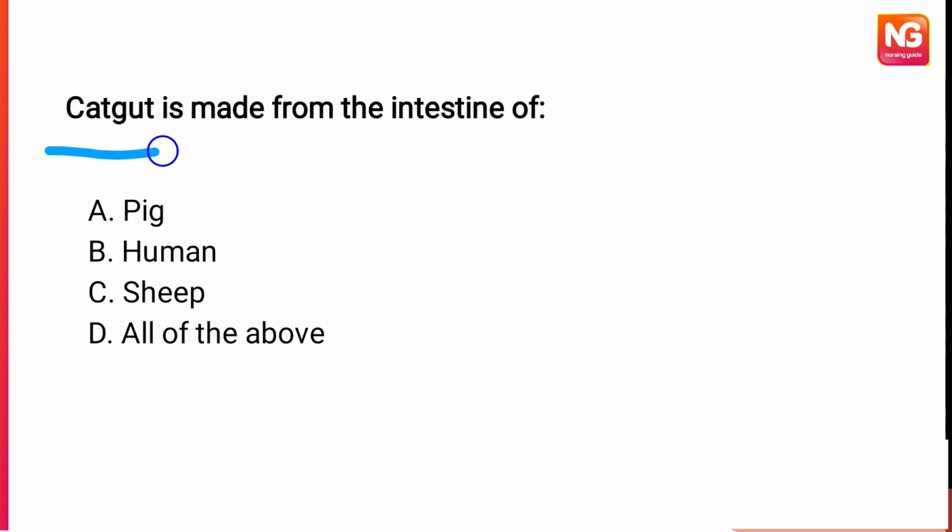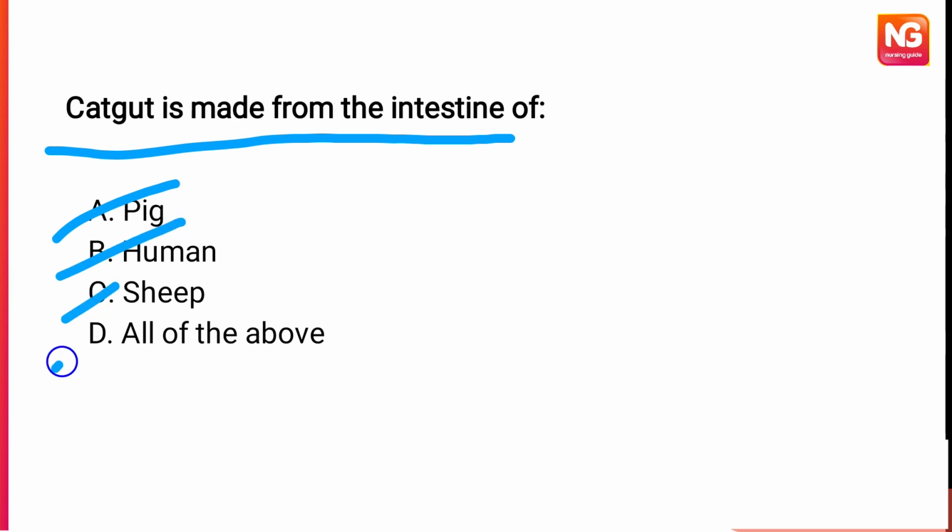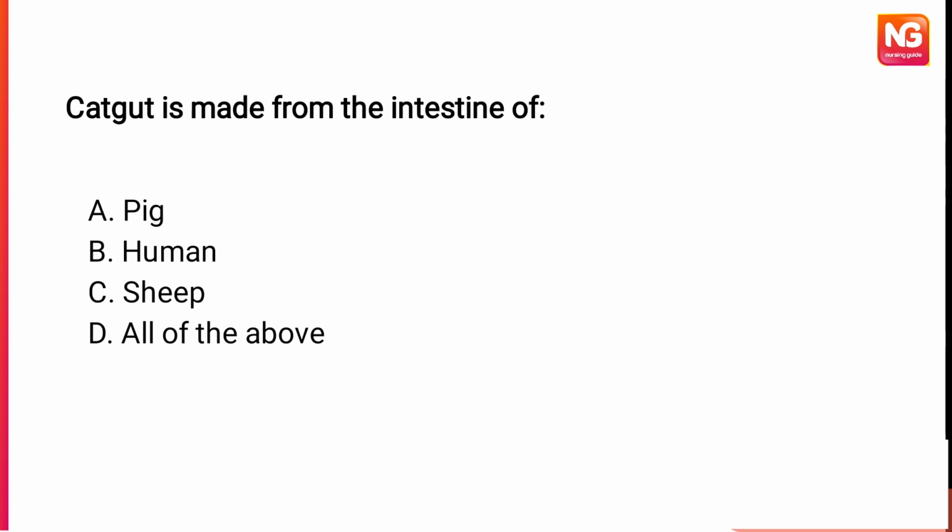Next, catgut is made from the intestine of option A, pig, option B, human, option C, sheep, option D, all of the above. And the correct answer is option C, sheep. Catgut is made from the intestine of sheep. Catgut is a suturing material.